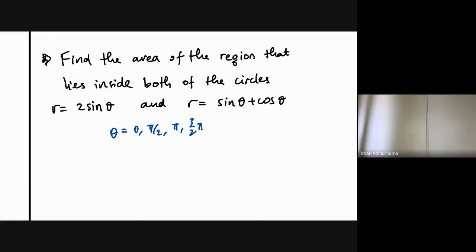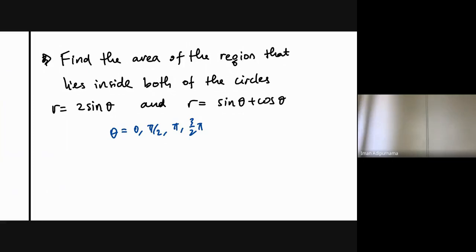And for this sine theta plus cosine theta, another thing you need to mention is that sine and cosine have different characteristics in terms of their quadrants. Cosine is positive in 1 and 4, right?